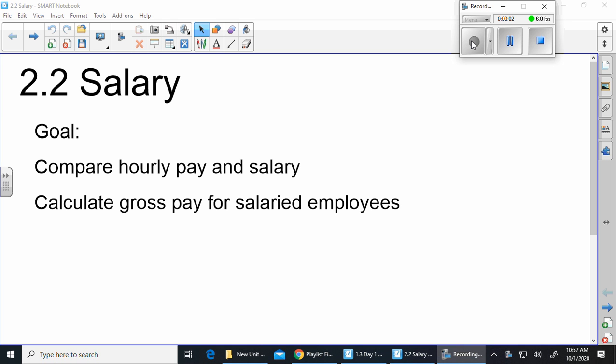Okay, today you are going to have a quick lesson on salary. So the goal would be, hopefully you did okay with the homework that dealt with hourly pay and overtime. And with this, you're going to be able to compare hourly pay and salary and calculate gross pay for salaried employees.